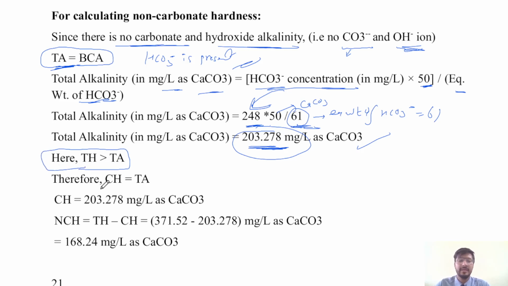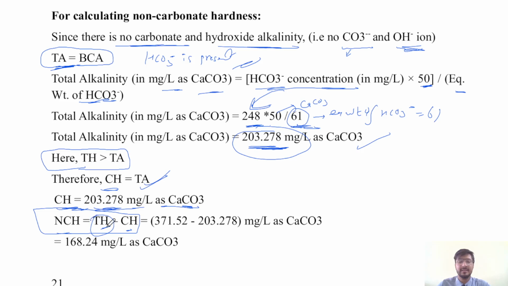Therefore, carbonate hardness is equal to total alkalinity. So carbonate hardness is equal to 203.278 milligram per liter as CaCO3, and the formula of non-carbonate hardness is total hardness minus carbonate hardness.